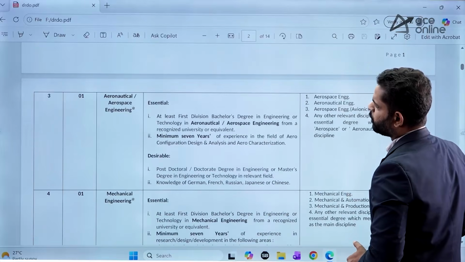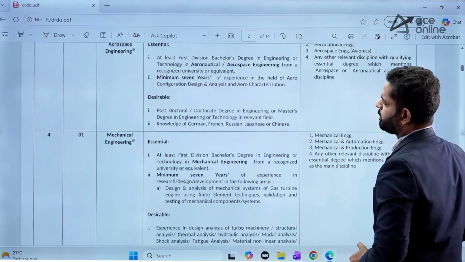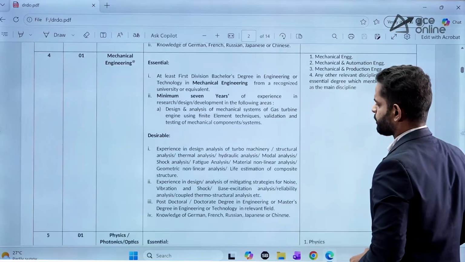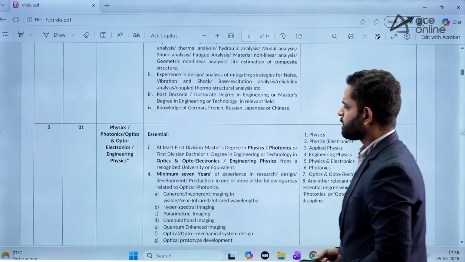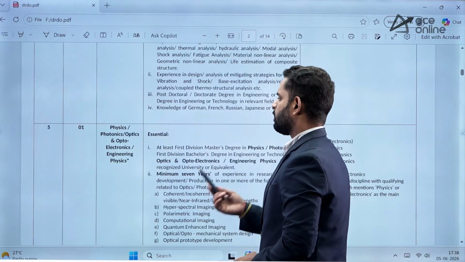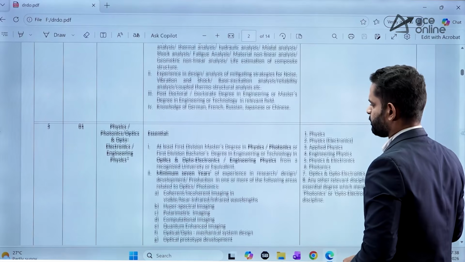One vacancy is out for aeronautical or aerospace engineering, mechanical engineering, one vacancy. Physics, photonics, optics, and optoelectronics or engineering physics, one vacancy is out, and this is serial number 5.